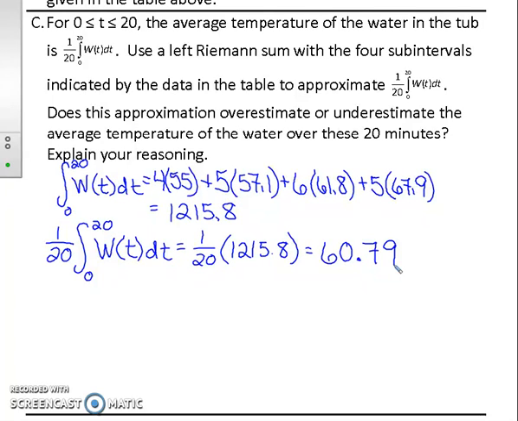Most of you did pretty well on this portion of it because you remembered if the function is increasing, then LRAM will be an underestimate. And that's all you need to say for the explanation.